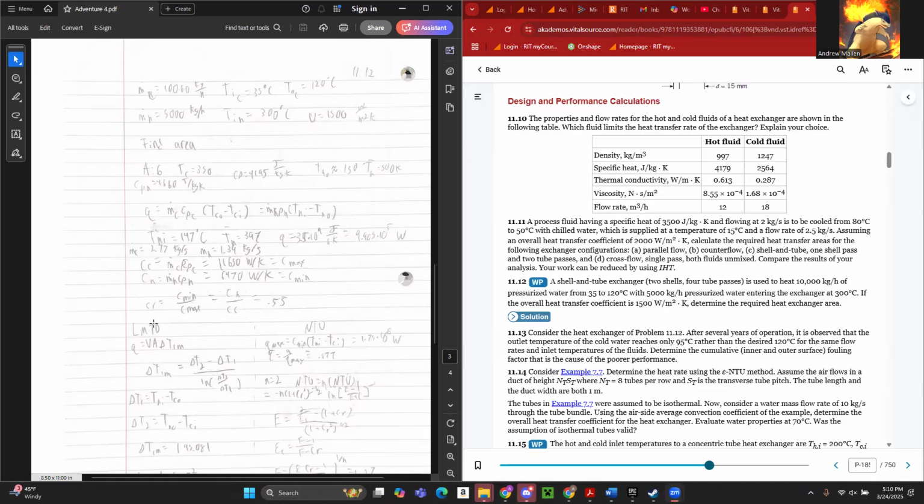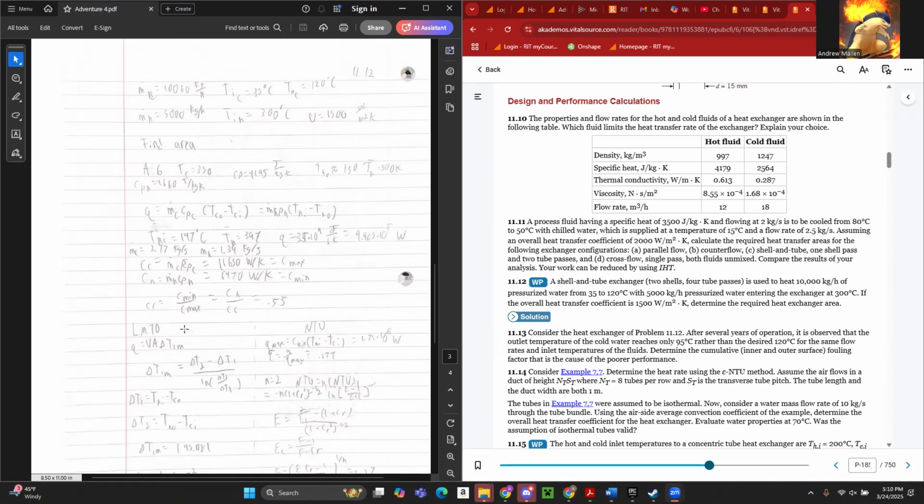So first, I'm going to talk about the log mean temperature difference. Using this, Q is equal to the overall heat transfer coefficient U, which we were given, times the surface area times the log mean temperature difference.